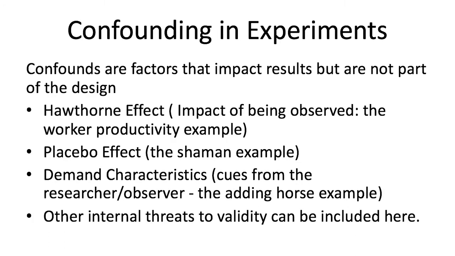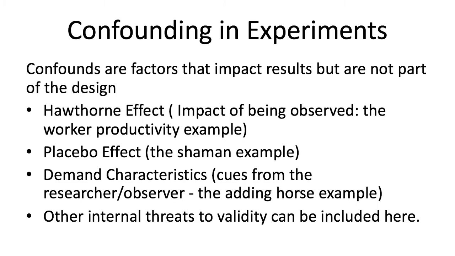Some other confounds in experiments that we need to think about in a broader sense are the Hawthorne effect, which is this famous study about the impact of being observed. They wanted to know if different changes or policies implemented in a factory changed worker productivity, and so they had a bunch of people observing the workers.